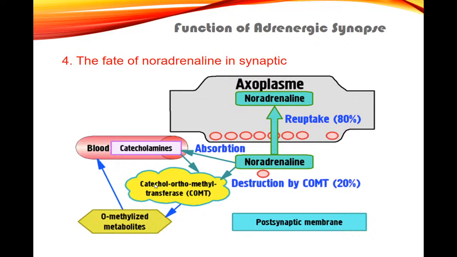After that, transport systems of vesicles and the transport system of the presynaptic membrane. For example, it's possible to inhibit the transport system of the presynaptic membrane, that causes inhibition of reuptake and increase of loss of noradrenaline.